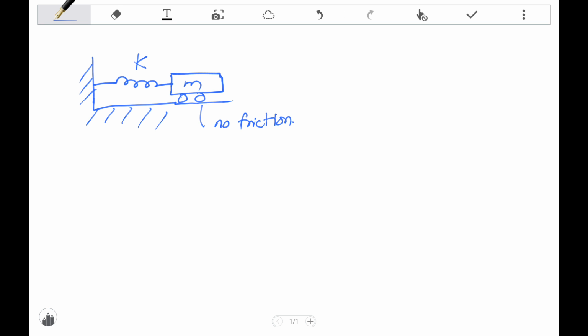And spring constant k. Let's define our axis of motion. Our goal is to derive the equation of motion.